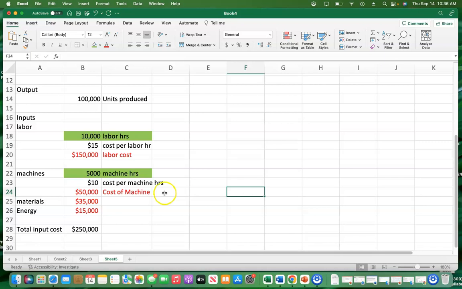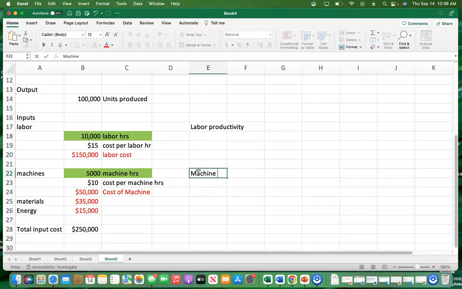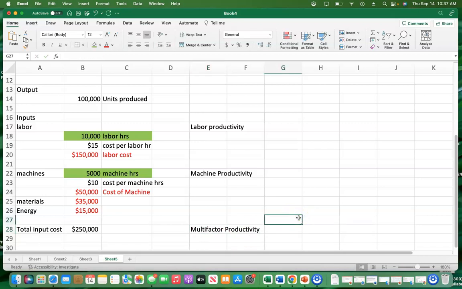Okay, so we are going to look for the productivity, and I'm going to put productivity here. So we are looking for productivity of labor. And at the same time, I'm going to look at the machine productivity. And finally, I'm going to look at multi-factor productivity.